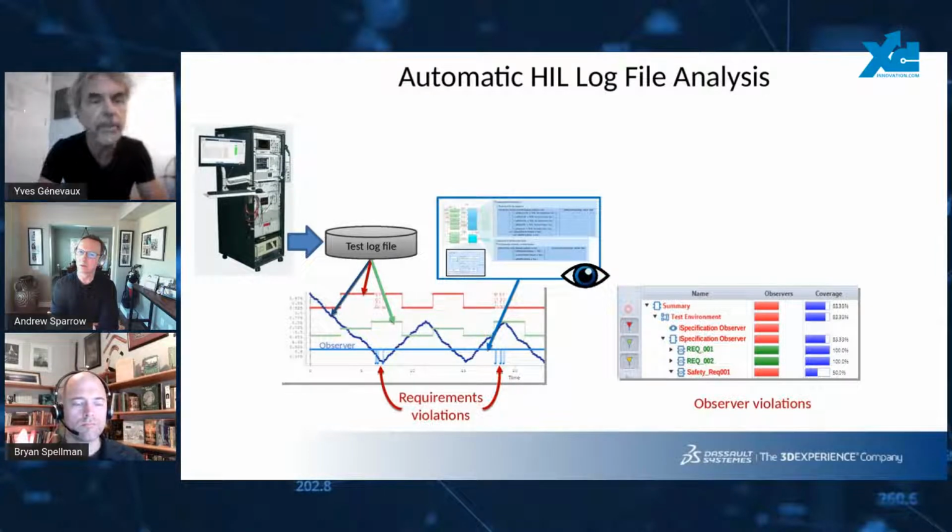It's going to take 3 minutes to write the sentence in stimulus, and then they will be able to analyze that file automatically and find possible safety violations with very, very little effort.